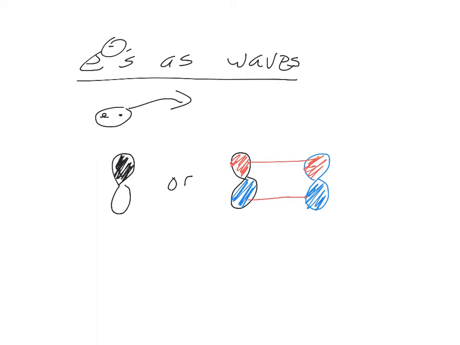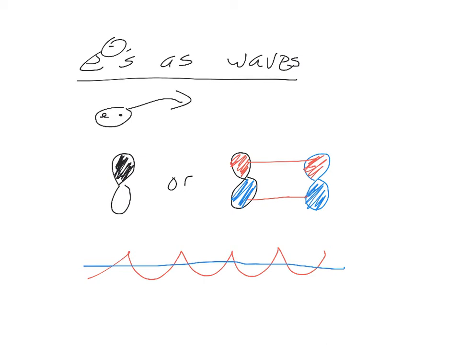So when electrons are in the same phase, in this case the same color, they're going to interact constructively as waves. Another way to look at this is, let's just draw a wave. Let's say the line I just drew is actually the surface of the water.